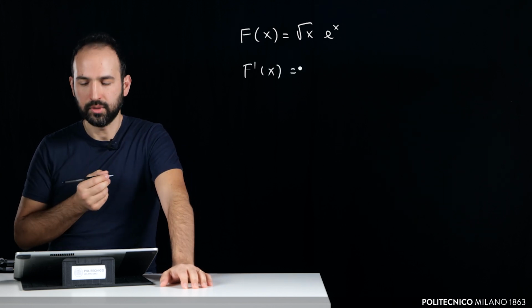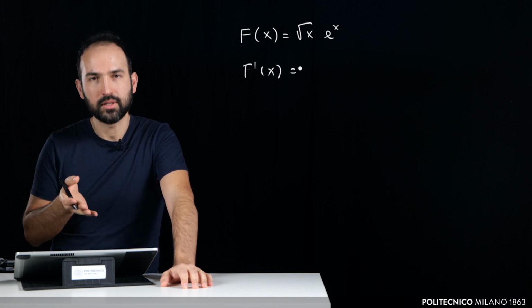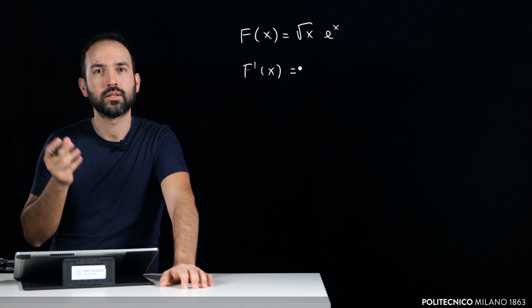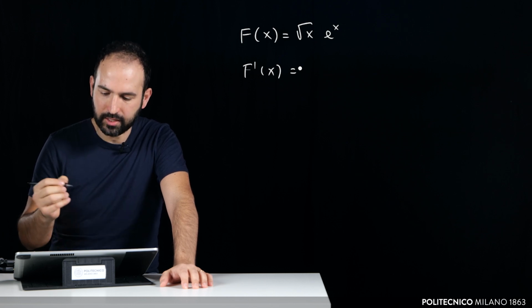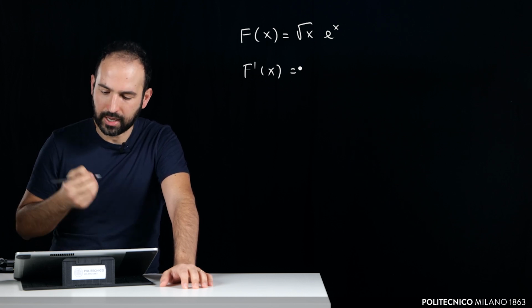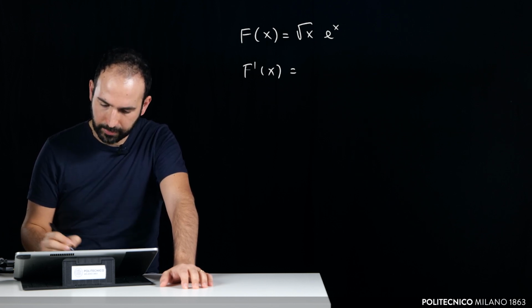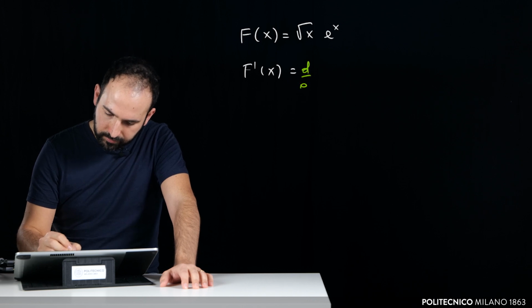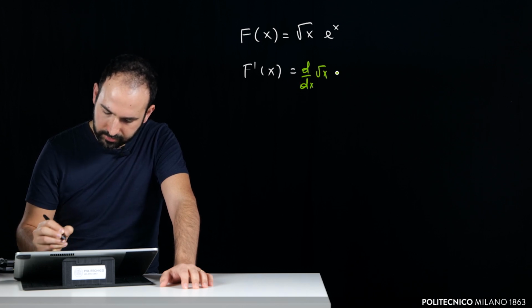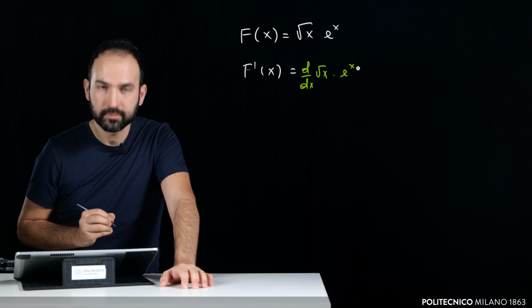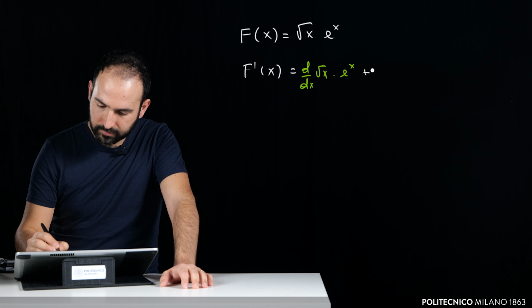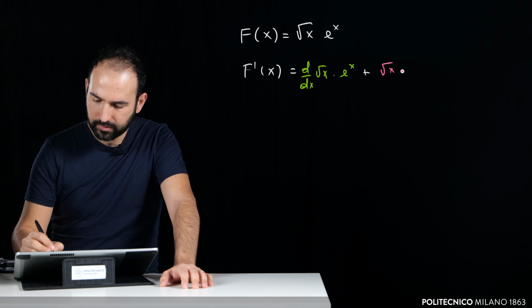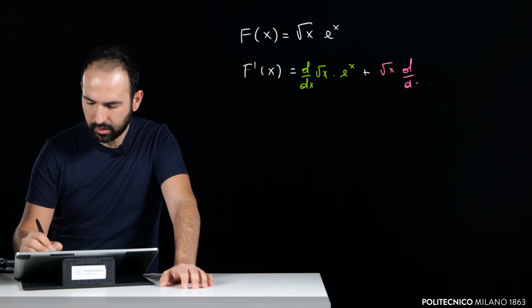The Leibniz rule says that the derivative of the product is composed of two pieces. The first one is the derivative of the first function times the second one, namely the derivative of the square root of x times exponential of x, the second one, plus the first one times the derivative of the second one.